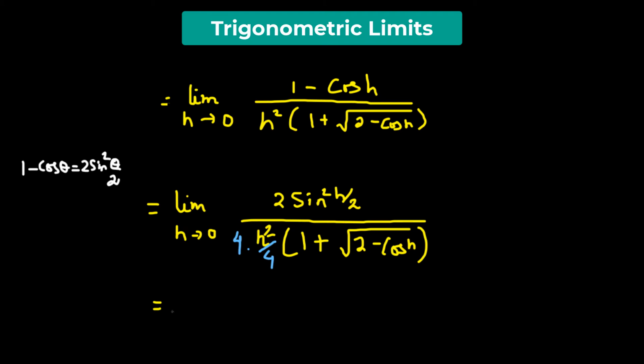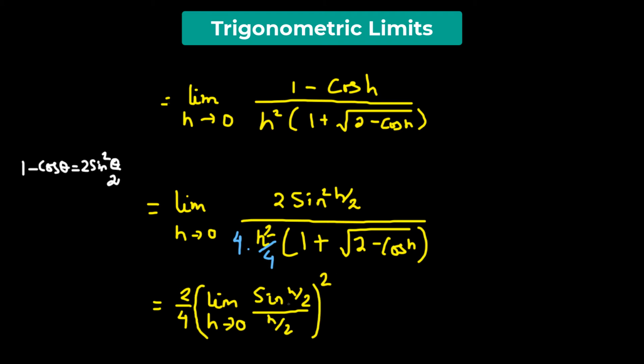That gives us 2 over 4 times limit h approaching 0 of sine h over 2 divided by h over 2, whole squared. So we're applying the limit to sine h over 2 divided by h over 2, times applying the limit to the second function, h tending to 0, 1 over 1 plus square root of 2 minus cosine of h.